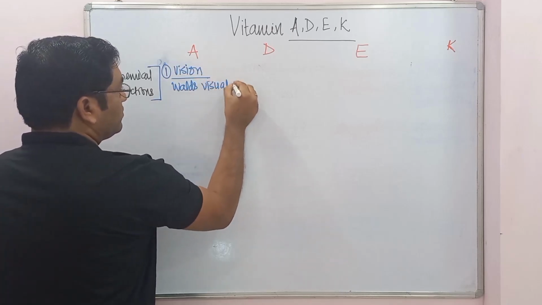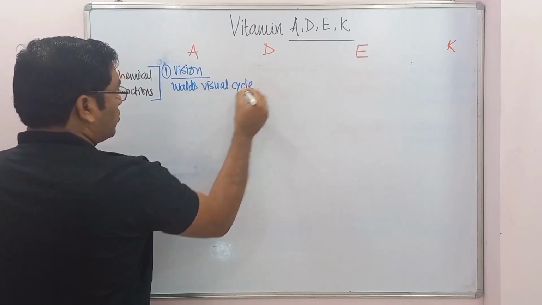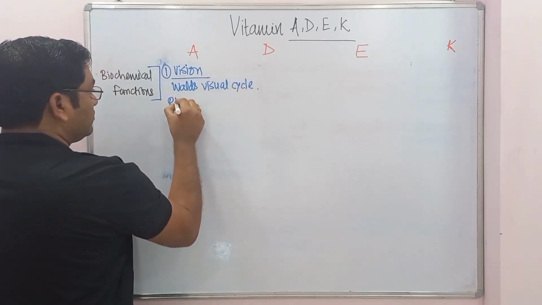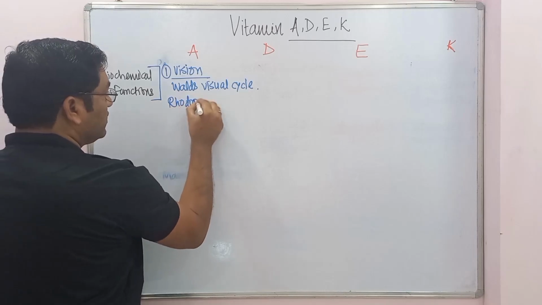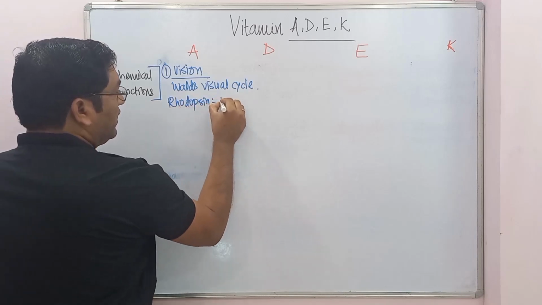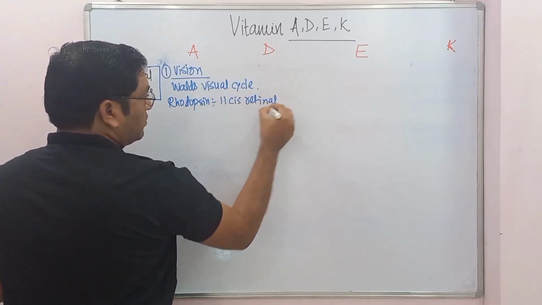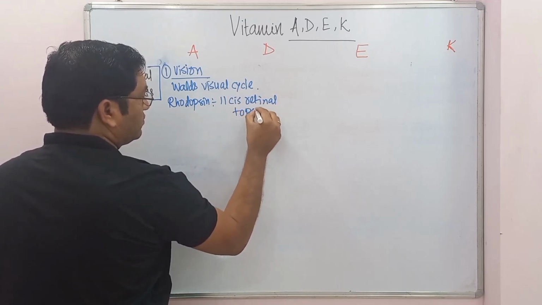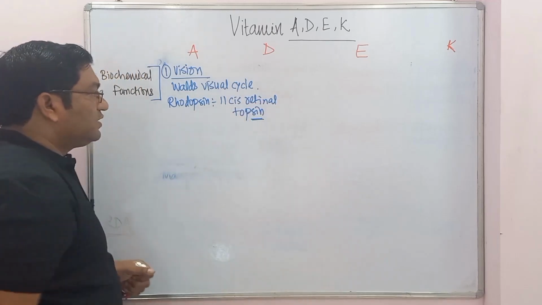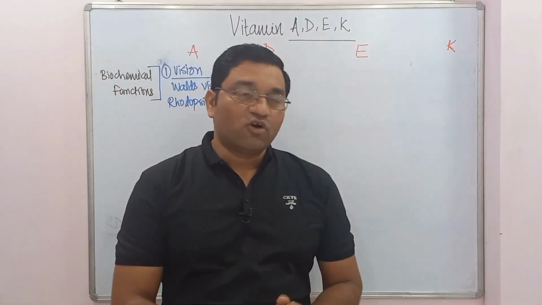Rhodopsin contains 11-cis retinal and opsin.